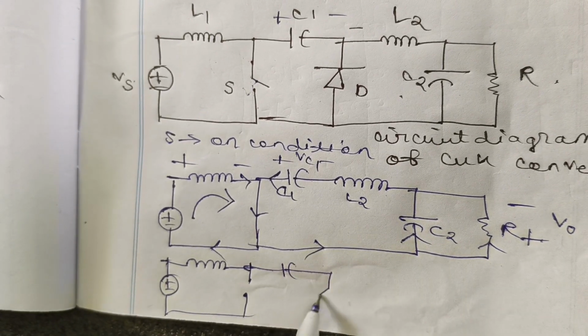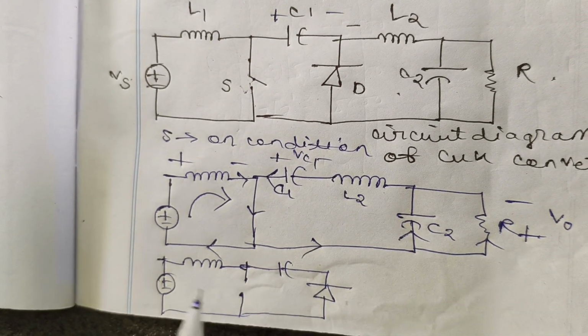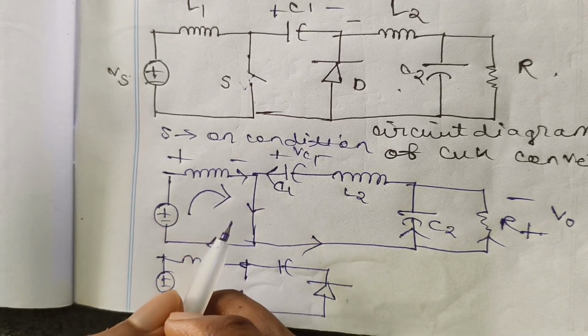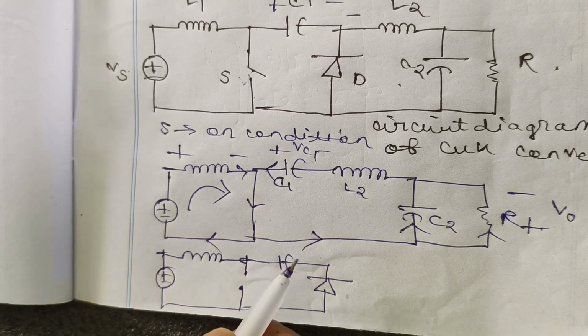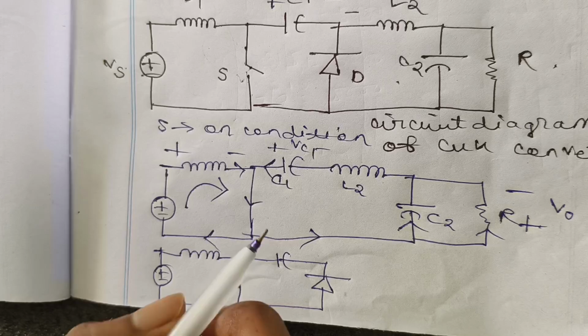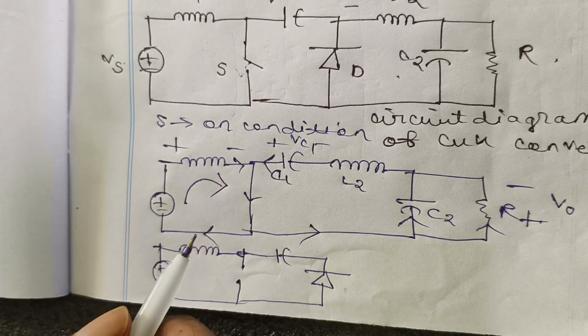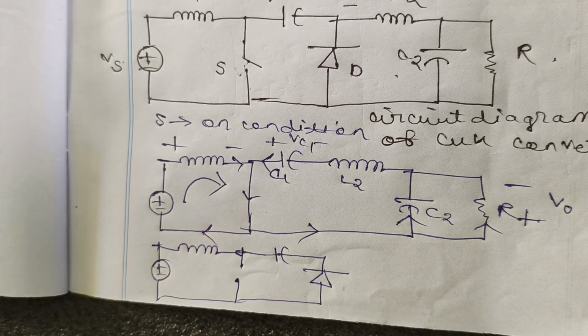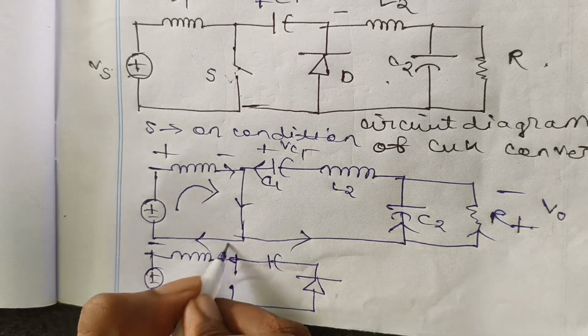Then the capacitor will be like this, and the diode will now be changing its polarity, because when the inductor is fully charged, it is now time for the inductor to discharge, so it reverses its polarity as per the Laplace transform that we are getting. The proof is also given in the previous videos. So negative, it will be positive.